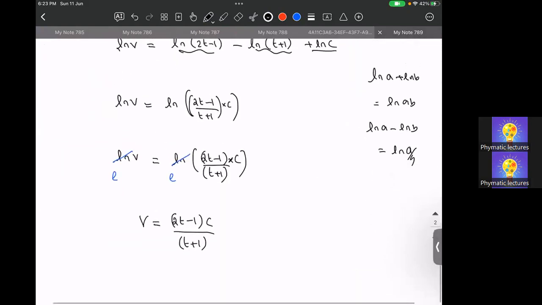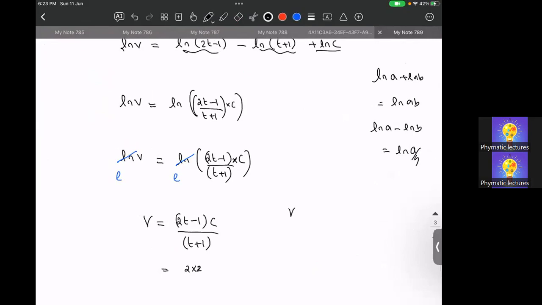So plug this. V is actually 3, right? Because when t is 2, v is 3. So 3 is equal to (2 times 2 minus 1) times c by (2 plus 1). So 3 is equal to 2 times 2 is 4, 4 minus 1 is 3, 3 into c by 3.